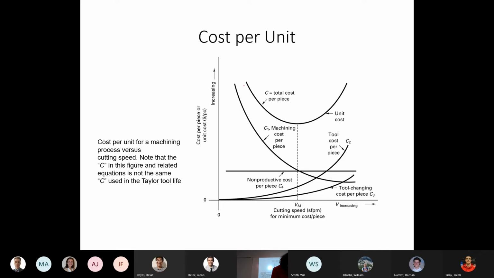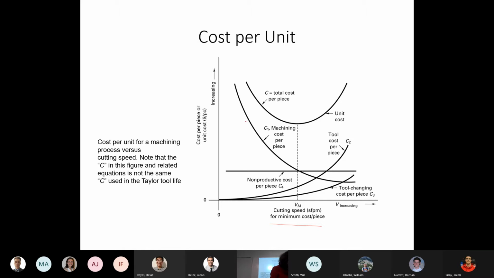The line up here is our total cost per piece, and we're plotting that versus cutting speed. The cutting speed is V, and we know the parameters that go into that: tool diameter and spindle speed.